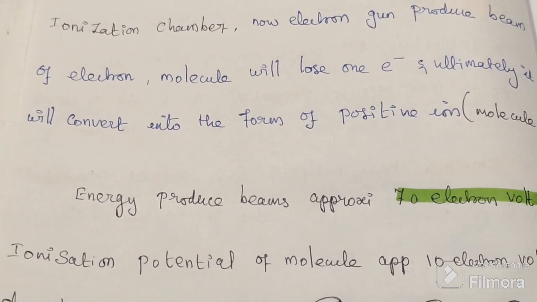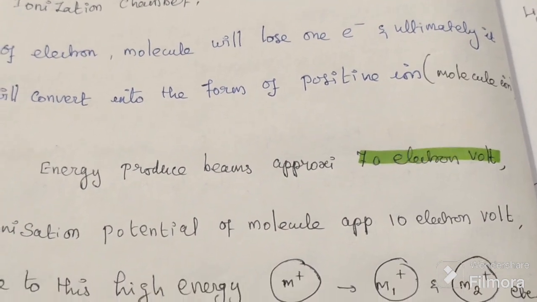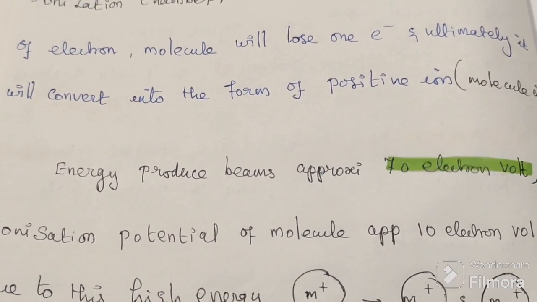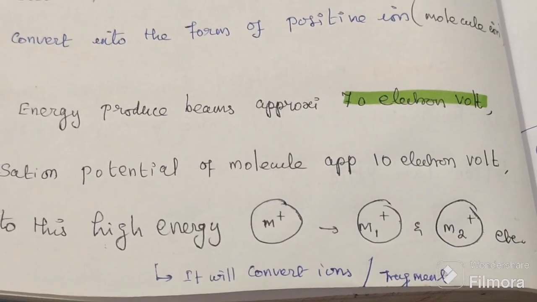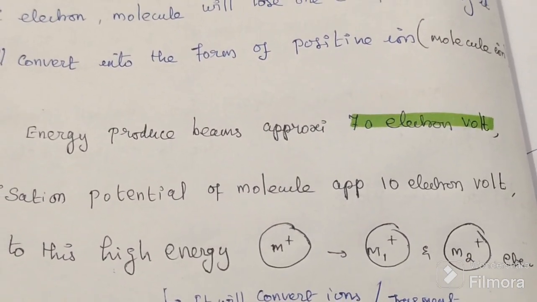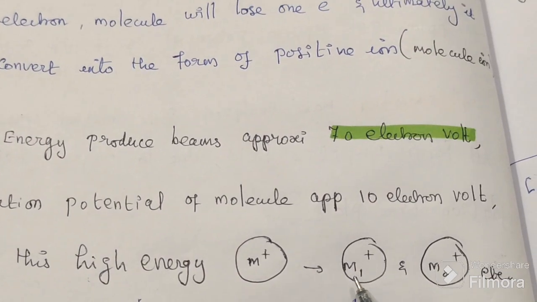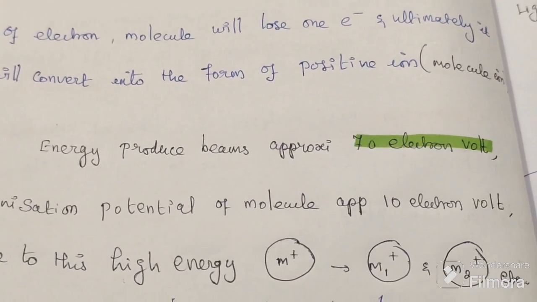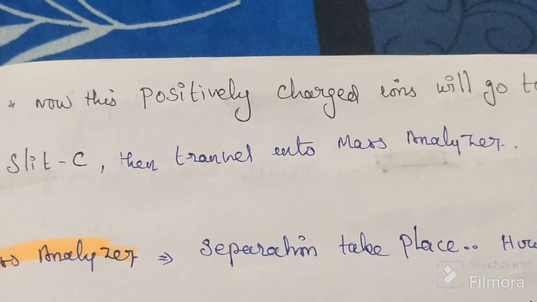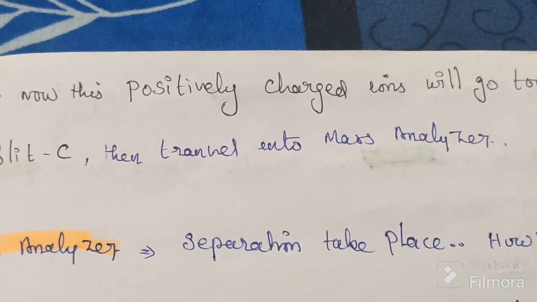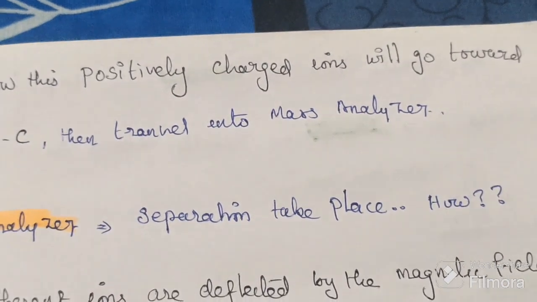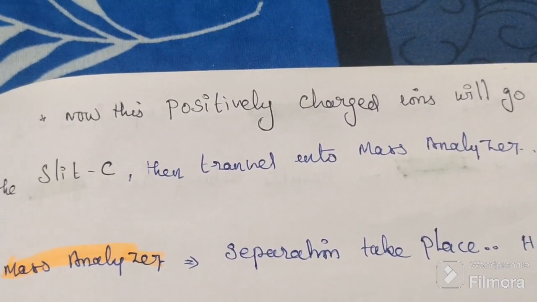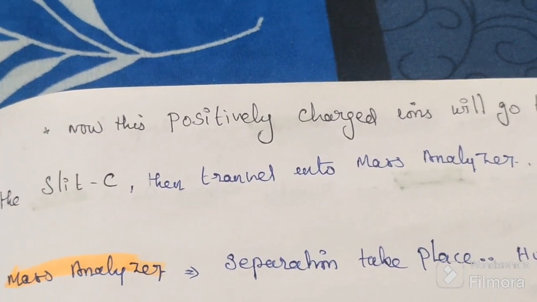Due to this high energy, the molecular ion M plus will be converted into fragment ions, M1 plus ion, M2 plus ion, and so on. Now these positively charged ions will go towards slit C, where a positively charged electrode will be present.